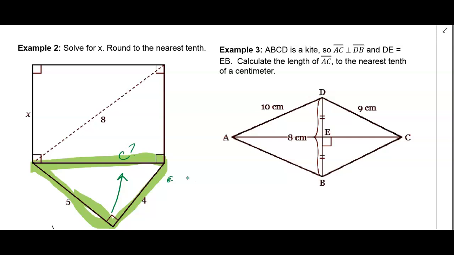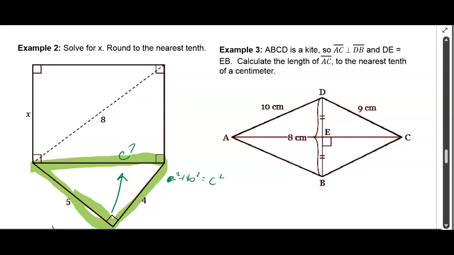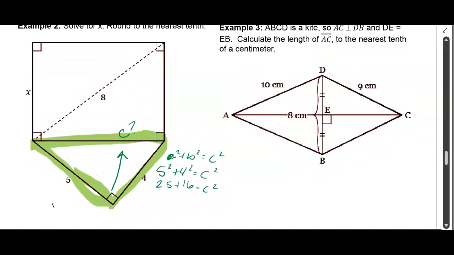So a squared plus b squared equals c squared, where I have 5 squared plus 4 squared equals, I don't know c squared. 5 squared is 25, 4 squared is 16, 41 equals c squared. Square root both sides. Go to 41.